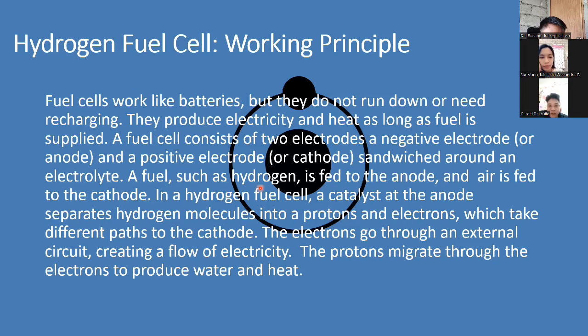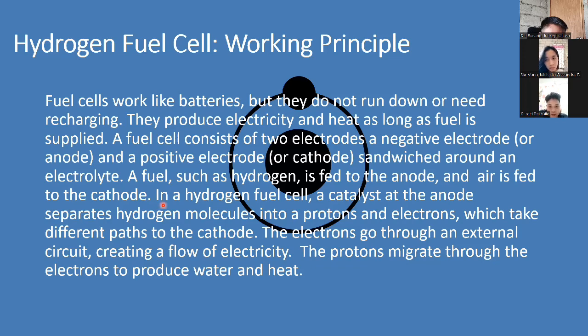A fuel cell consists of 2 electrodes, a negative electrode or anode, and a positive electrode or cathode, sandwiched around an electrolyte. A fuel such as hydrogen is fed to the anode and air is fed to the cathode.